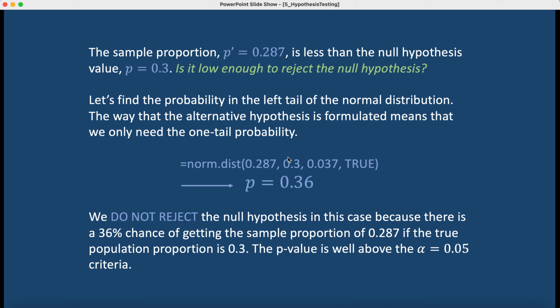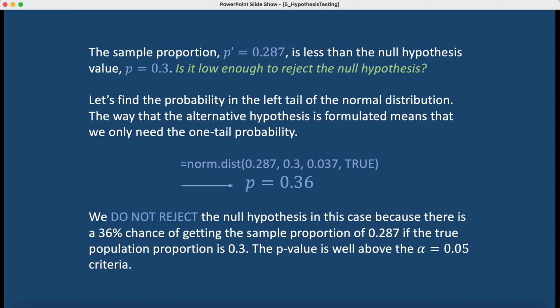Then the population value we're testing, the null hypothesis, is 0.3, and we put in the standard error here, 0.037. This gives us the p-value. The p-value is 0.36. Okay, so that's a 36% chance of getting a value this low or lower. So that's the left tail probability.